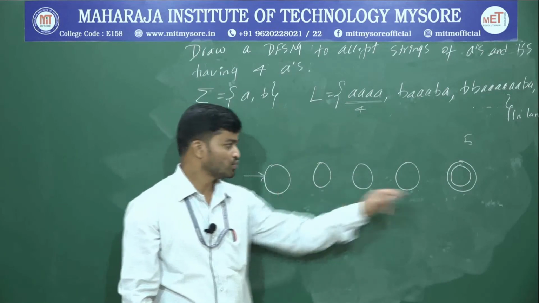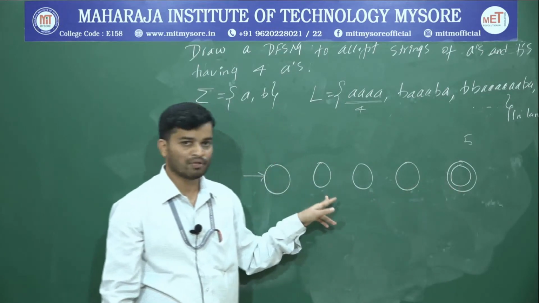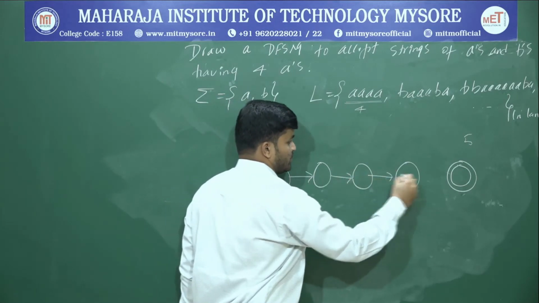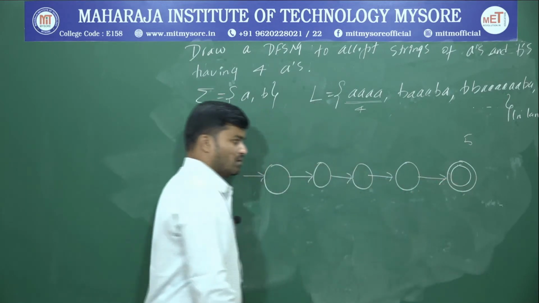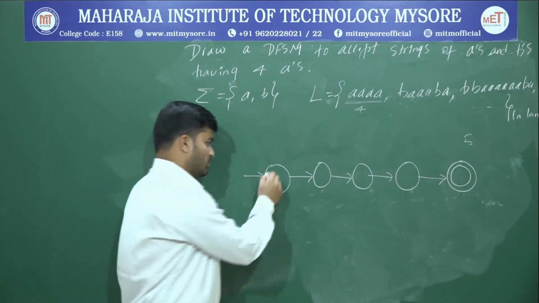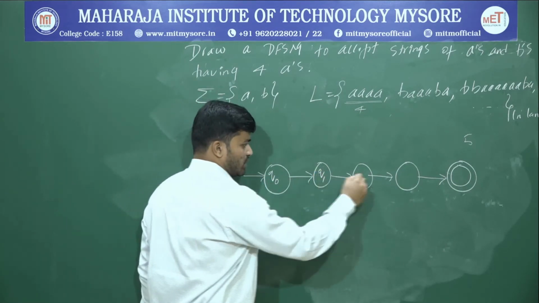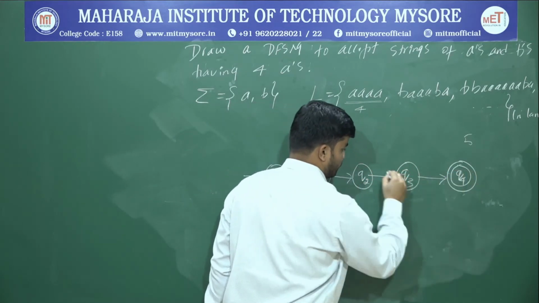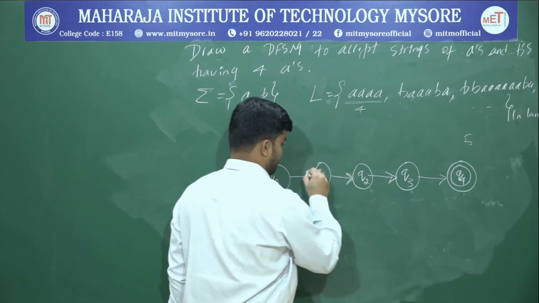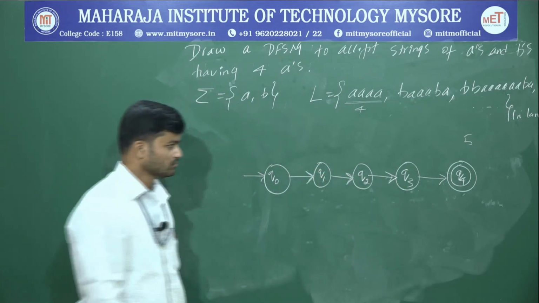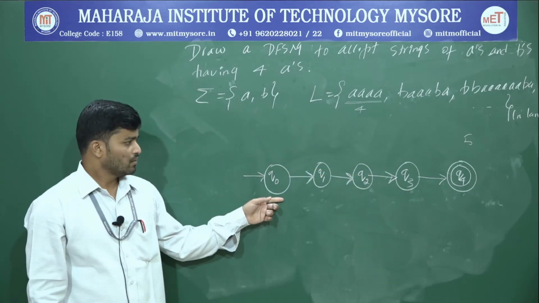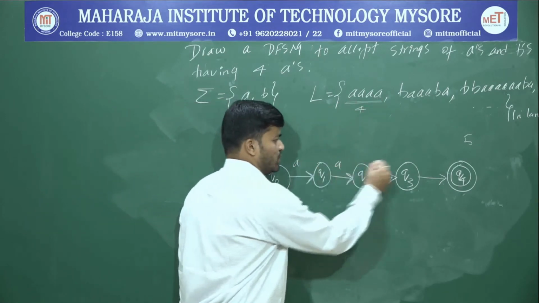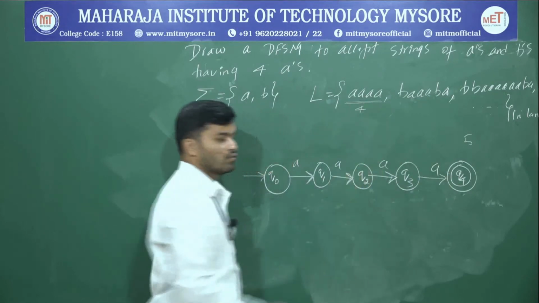Connect these 5 states using connector arrows, and name the states Q0, Q1, Q2, Q3, Q4. Now rewrite the 4 A's as they are: 1A, 2A, 3A, 4A.